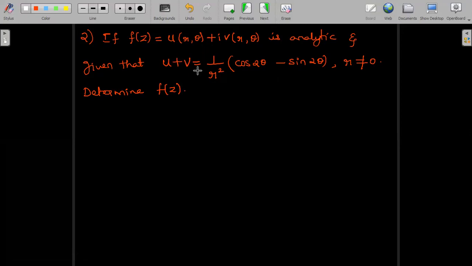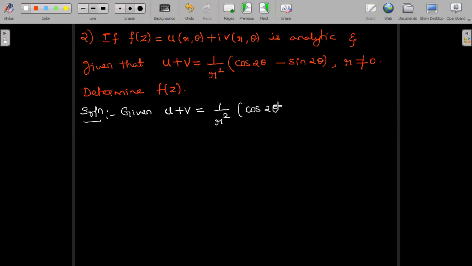Let us consider u plus v and partially differentiate with respect to r and theta. We are dealing with polar variables now. So we need to differentiate partially with respect to r and theta. So first I will write down what is given: 1 divided by r square into cos 2 theta minus sin 2 theta. Now we will have to differentiate partially with respect to r and later with respect to theta.